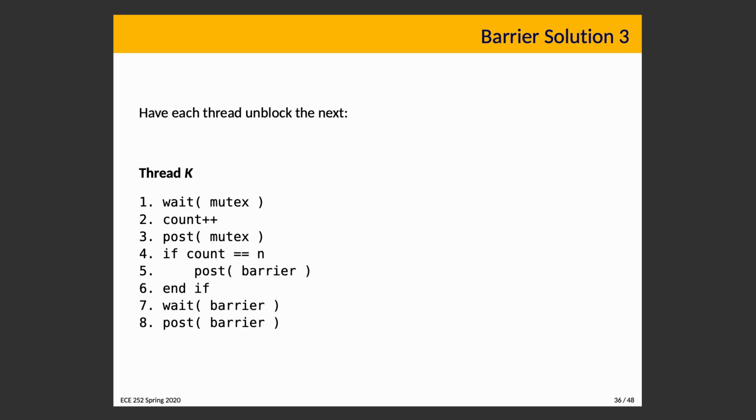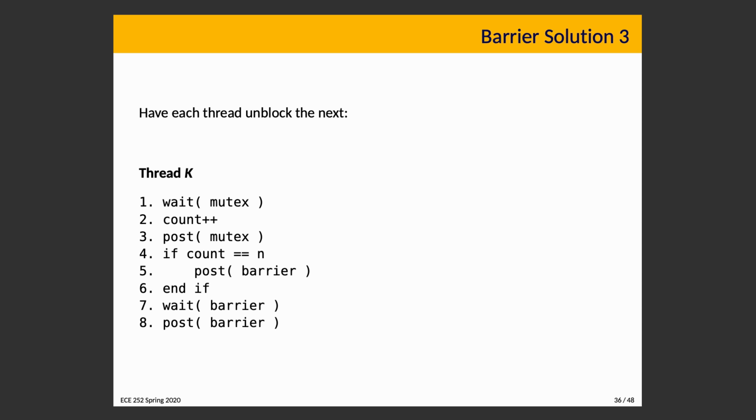And that's what happens here on statements 7 and 8, which is the last thread to arrive unblocks somebody who's waiting at statement 7, and whenever a thread passes through this barrier, the first thing it does is unblock the next one, thus allowing the next one to execute. This pattern that we see here of wait followed immediately by a post is a common pattern that's referred to as a turnstile.